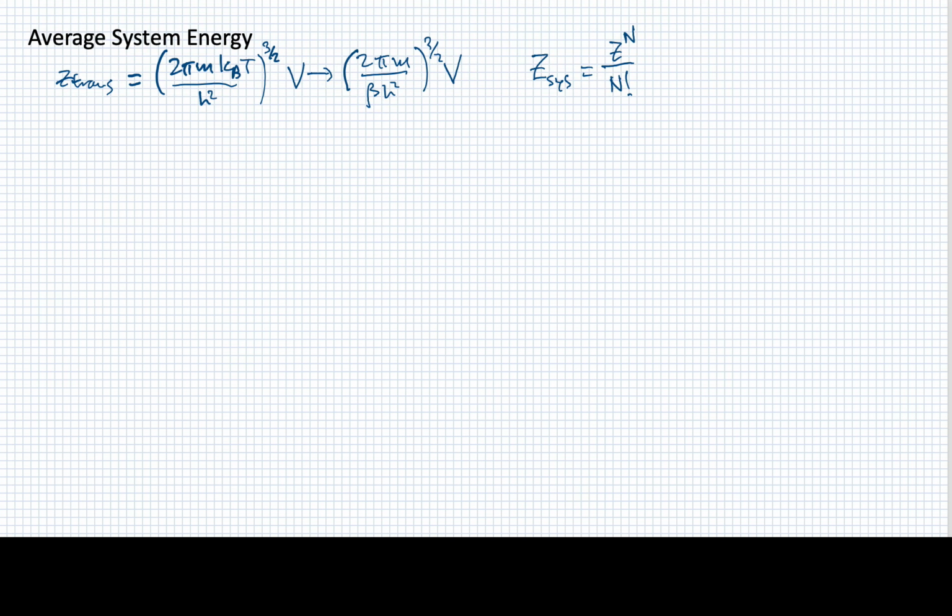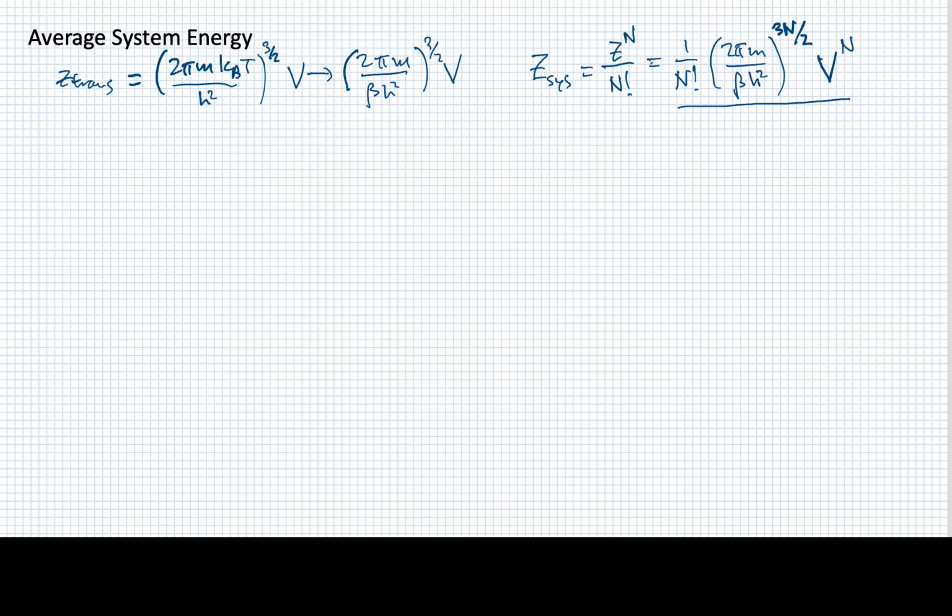So now if I use that here, I'm going to find that the system translational partition function would look something like this, where I'm going to have 2 pi m over beta h squared, and now it's raised to the 3/2 power raised to the N, so it's going to be to the 3N over 2 power. So it's a very high power. And the volume will be raised to the Nth power. All right, so this is how a system translational partition function might look under these circumstances.